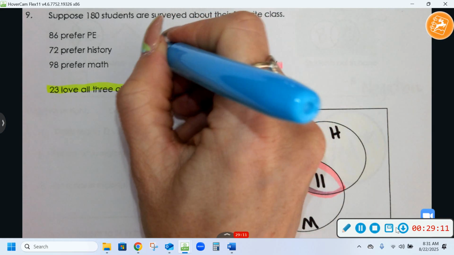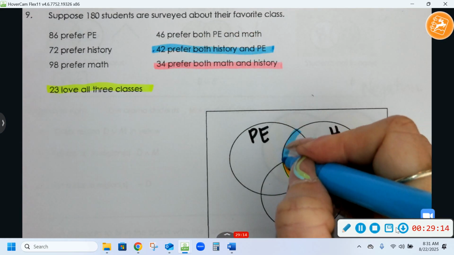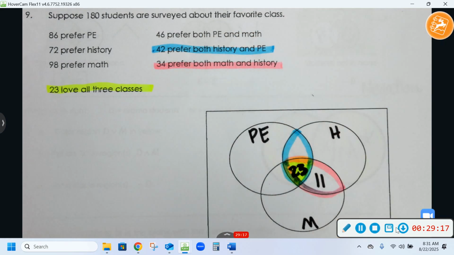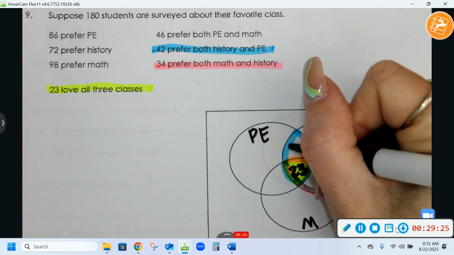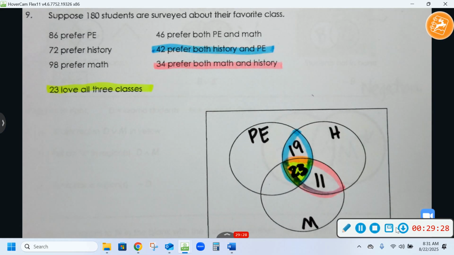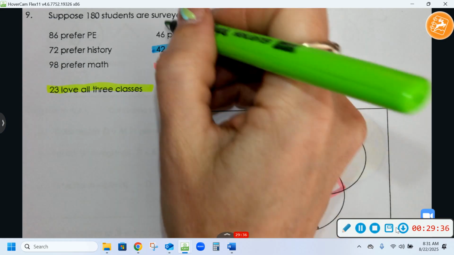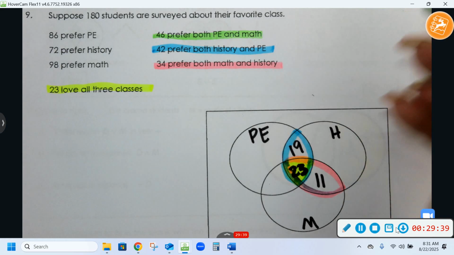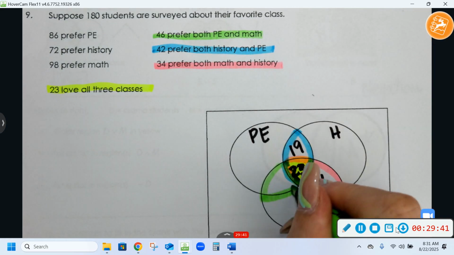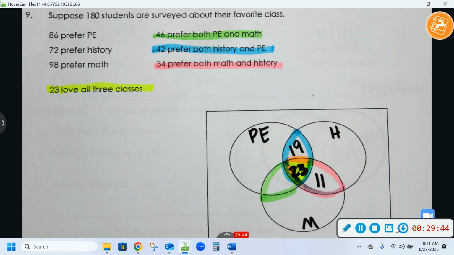Next, 42 prefer history and PE, so I'll do that in blue. If you think you know how to do it, keep going. See if we get to the same answers. 42 minus 23, 19. 46 PE and math. 46 minus 23. 23.